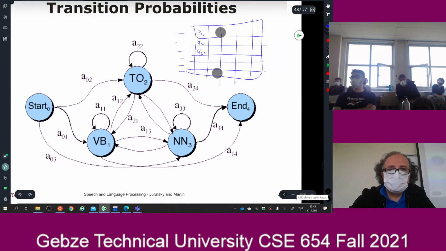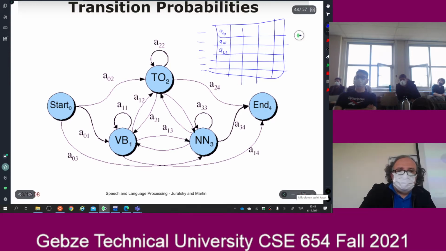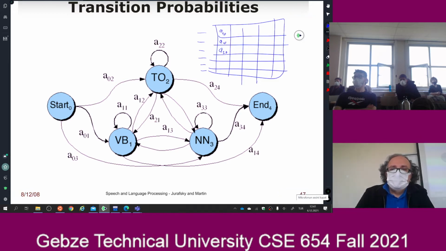I'm not asking for this exam, I am asking in general. How many lines? Number of states. Number of states, it is the number of tags, right? Plus 2. Okay, this and this: start and end. So the number of lines and number of columns are the number of tags plus 2.